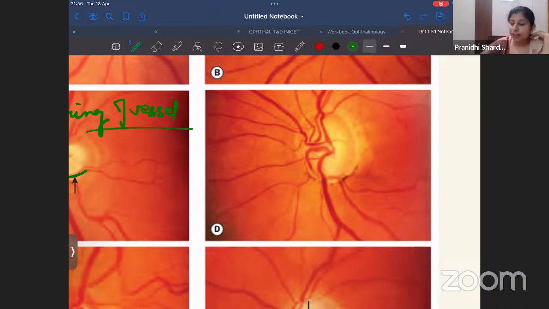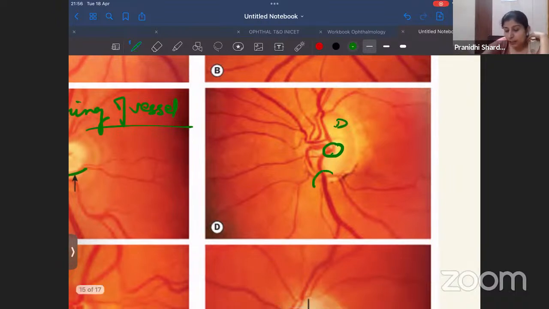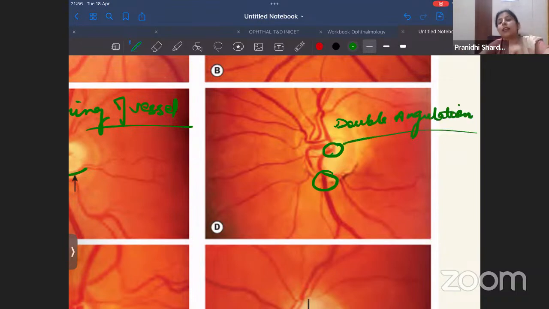So there is sharp bending or double angulation: one, they will take a bend at the part where they are entering the lamina cribrosa. Another, they will take a sharp bend at the margin of the optic disc. So there will be double angulation of the vessels. This is known by the name of bayoneting sign.